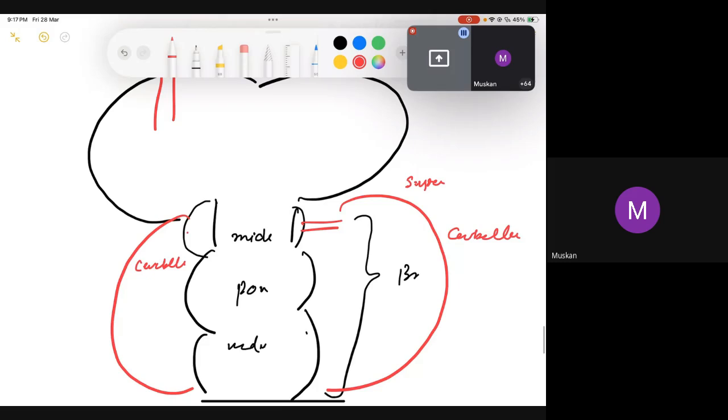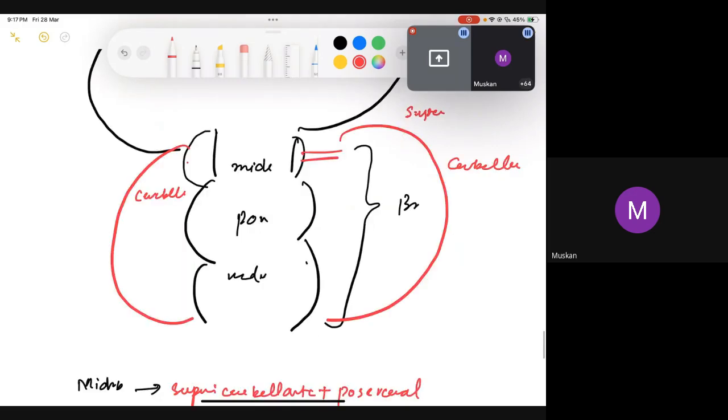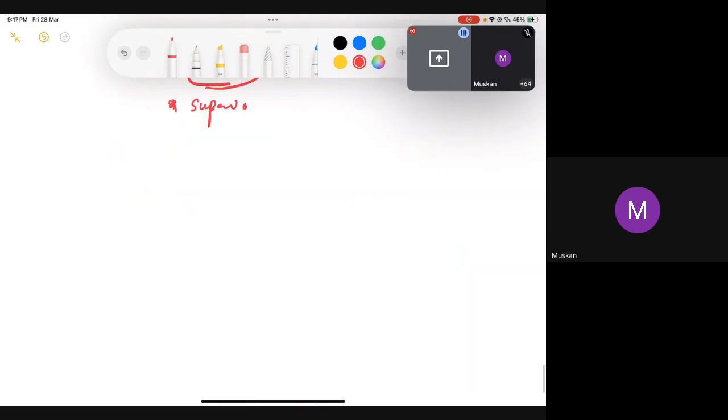Superior colliculus and inferior colliculus. So the superior is important for your vision, while the inferior is involved in the auditory pathway, right? Then our next structure of the brainstem is the pons.